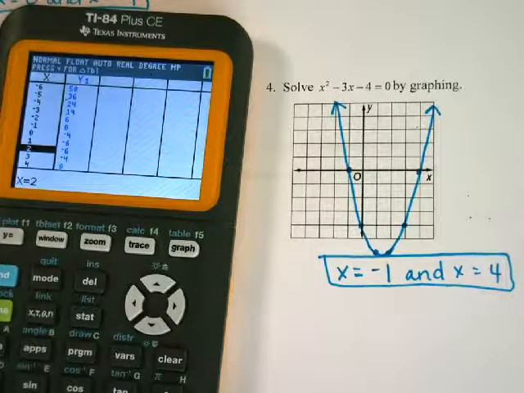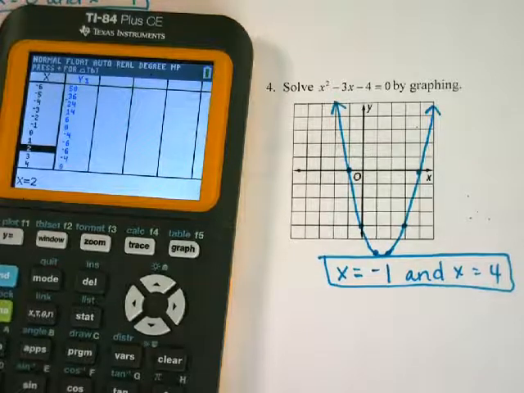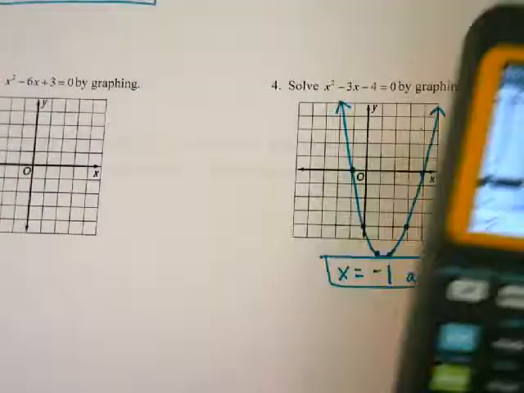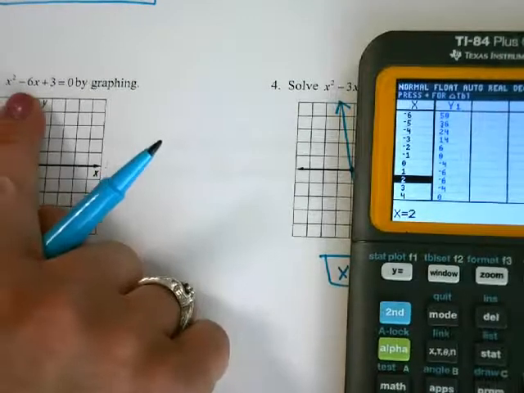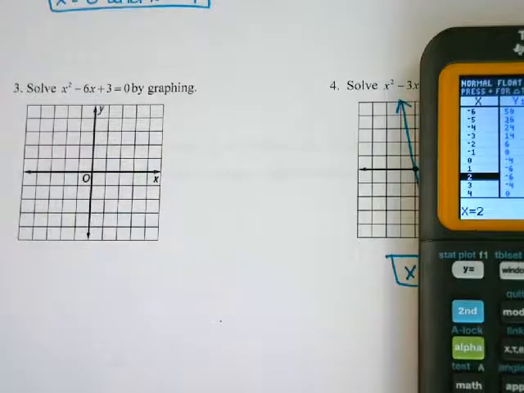Alright, now, those ones worked out really nicely and they crossed at nice pretty numbers, but will they always cross at nice pretty numbers? No, they won't. So that's why I want to show you number 3. We've got x squared minus 6x plus 3, and it says solve by graphing it.